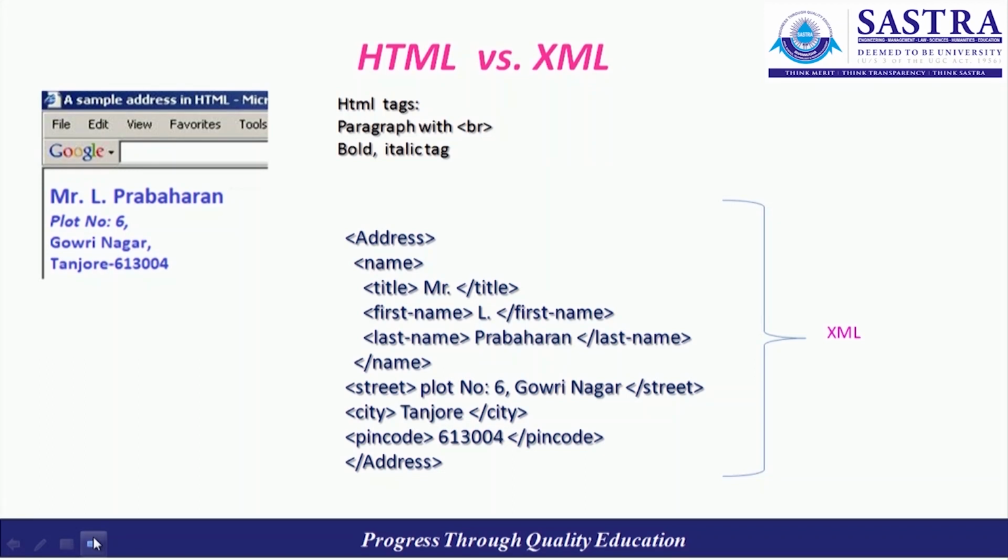If you want to display the name and address of a particular person, Mr. L. Prabhakaran, plot number 6, Gauri Nagar, Tanjore 613004, this is usually how we give the text or content in a browser. For this, we need the HTML tool.